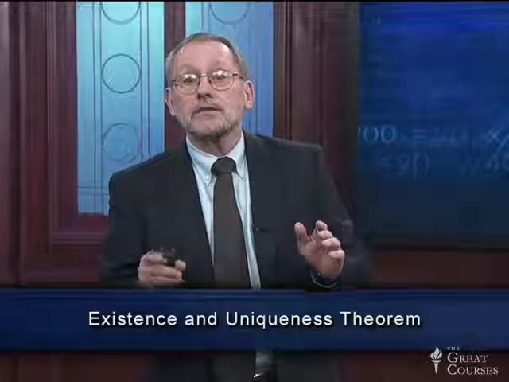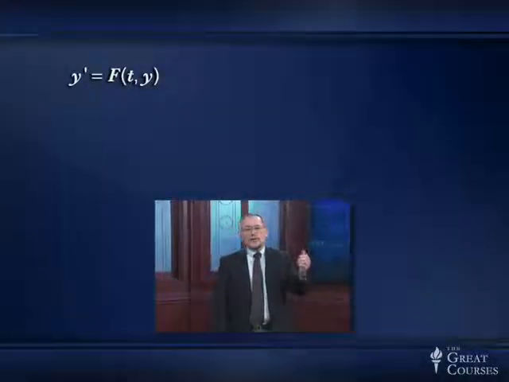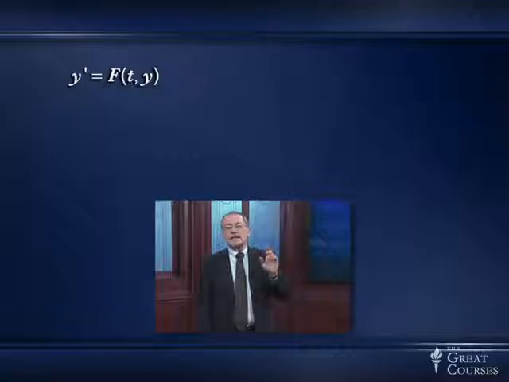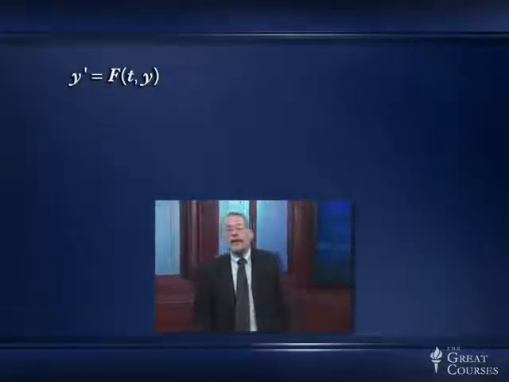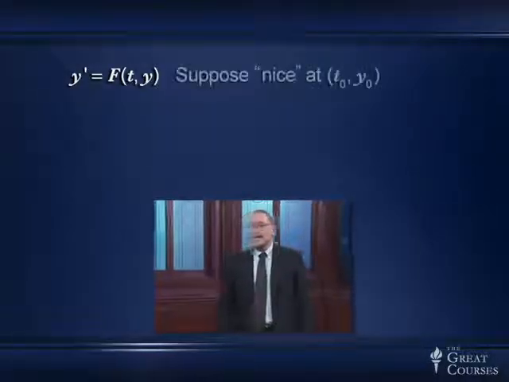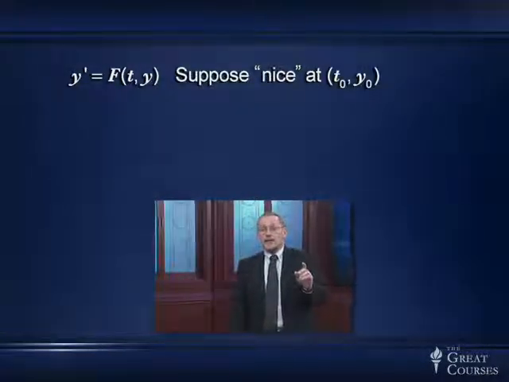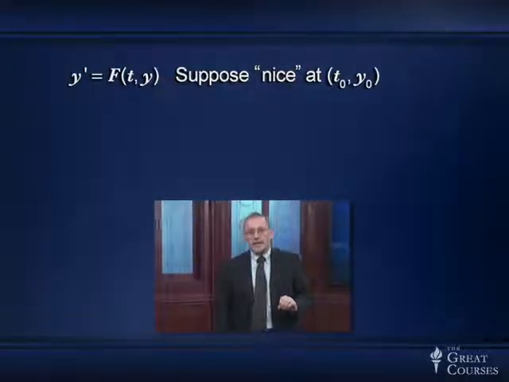Well, that's governed by the existence and uniqueness theorem for differential equations, probably the most important theorem in the field. Here's what it says for first-order differential equations. Suppose you have a first-order equation, y prime is f of, let's say, t and y, which may depend on t and y. And suppose that f of t and y, your right-hand side, is nice at the point t0, y0. I'll explain what I mean by nice in a minute.